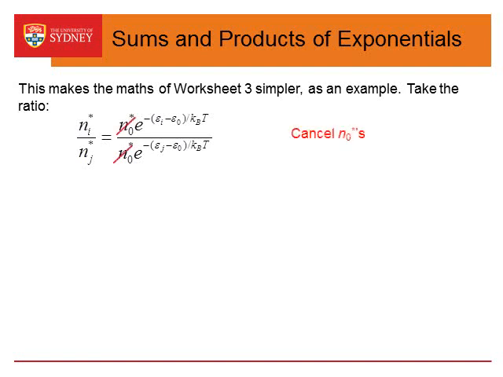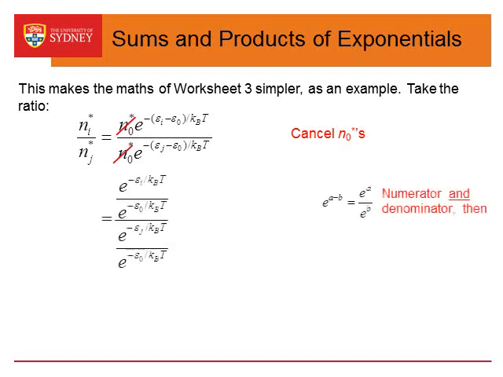First we cancel the ground state occupation numbers. Then we write each of those energy differences in the exponent as a ratio of two energies, e to the minus Ei over kBT divided by e to the minus E0 over kBT in the numerator, and then do the same thing in the denominator.